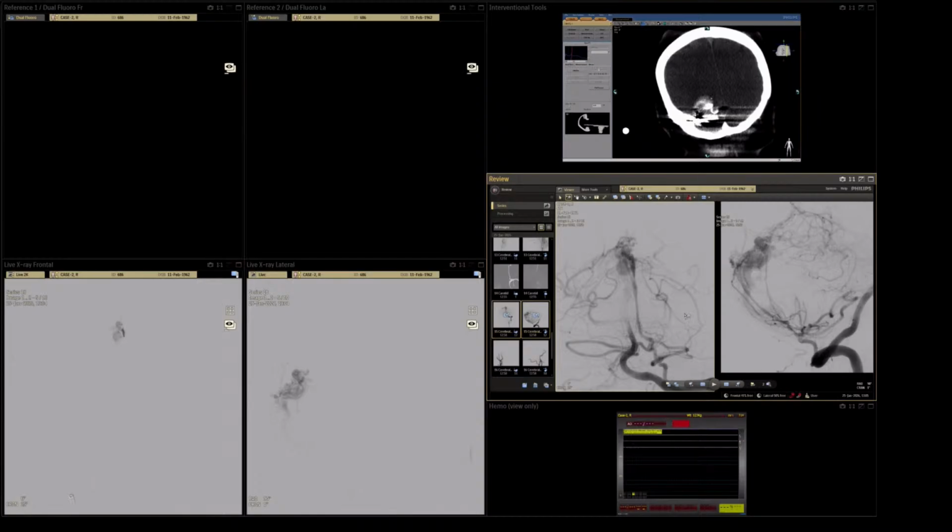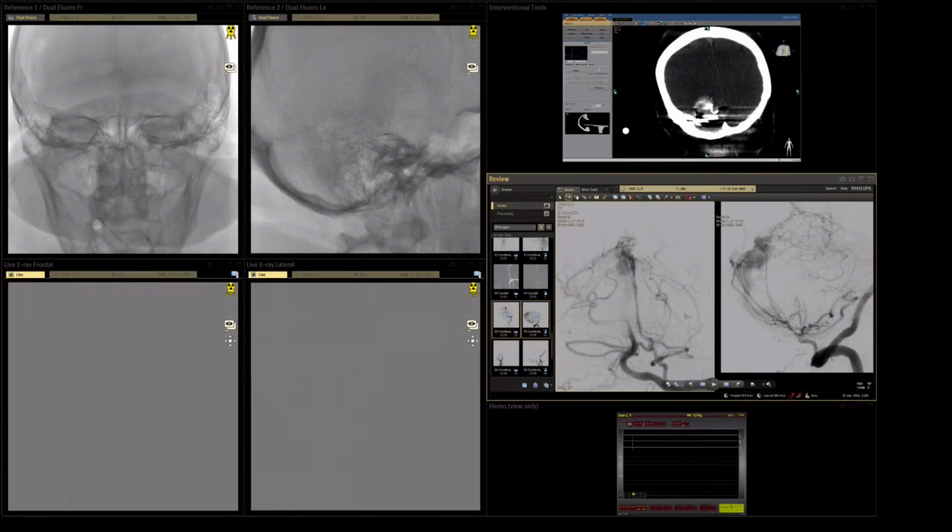Yes, and we should keep in mind about the supply from the PCA territory. This also could be the surprise. Okay.